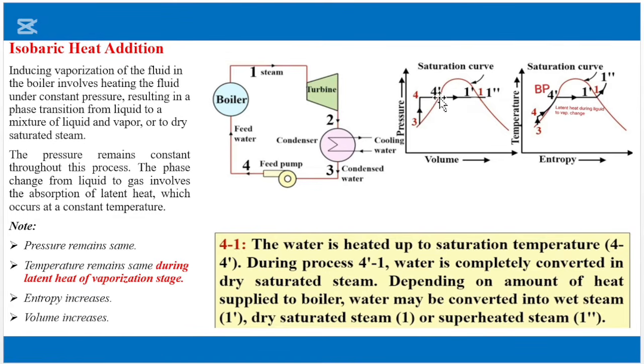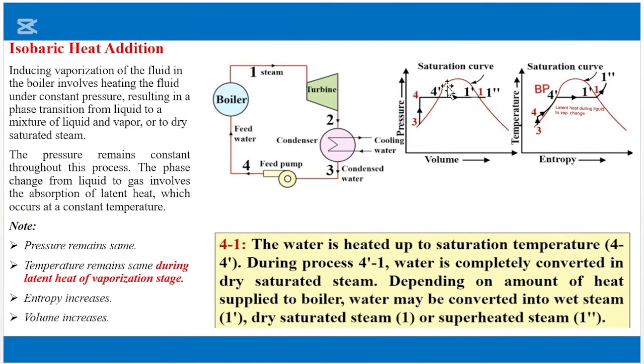Now after this, depending upon how much heat we supply to the boiler, it can either form wet steam, represented as 1 dash, or dry saturated steam, represented as 1, or if you are supplying an extra amount of heat, you can also have superheated steam, represented as 1 double dash.